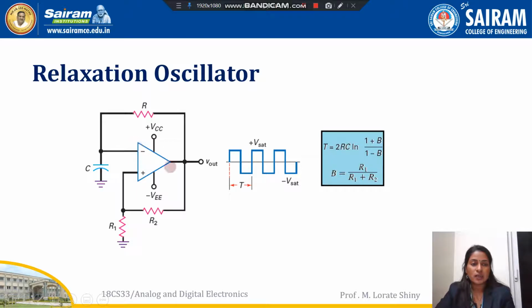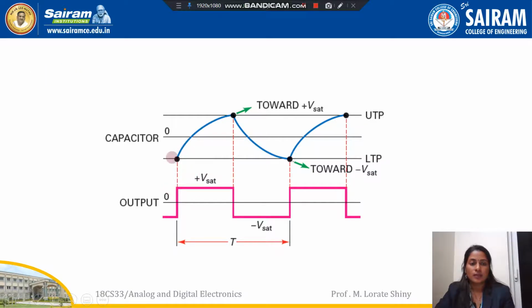See the circuit, this is an operational amplifier. The positive terminal is connected with the resistors R1 and R2. These R1 and R2 act as a potential divider. Then one capacitor is connected to the inverting terminal, and one more positive feedback resistor is connected, that is called R. This is the charging and discharging of the capacitor.